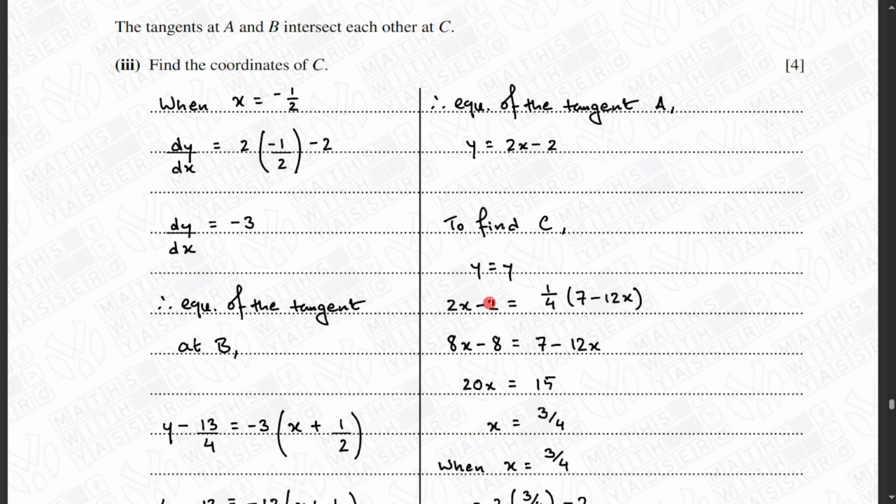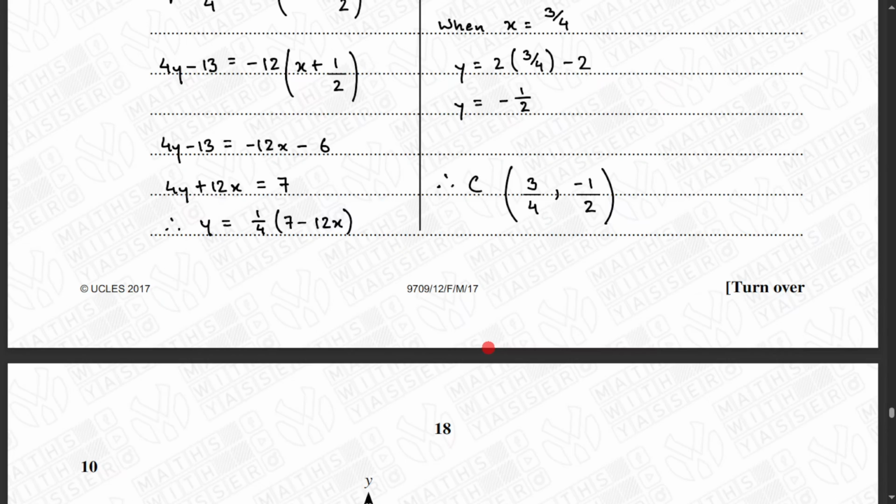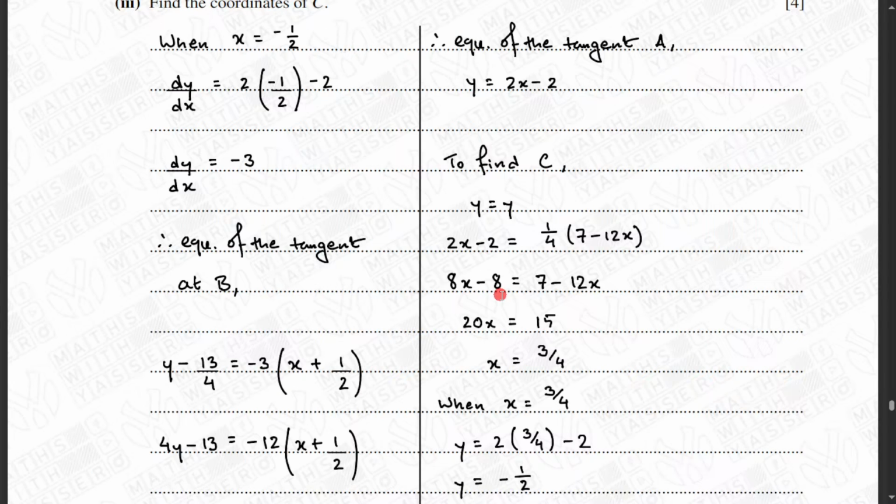So that will be 2x minus 2 is equal to 1/4 of 7 minus 12x. Cross multiplying this, we get 8x minus 8 equals 7 minus 12x, which is 20x is equal to 15. Therefore x will be 3 over 4. So that is the x coordinate of the point C.